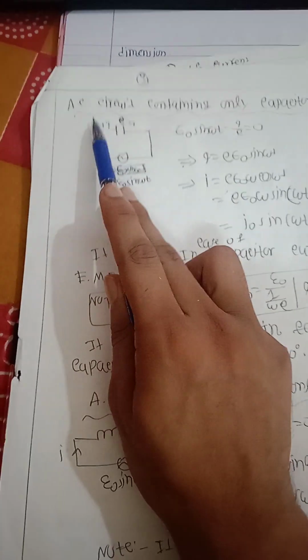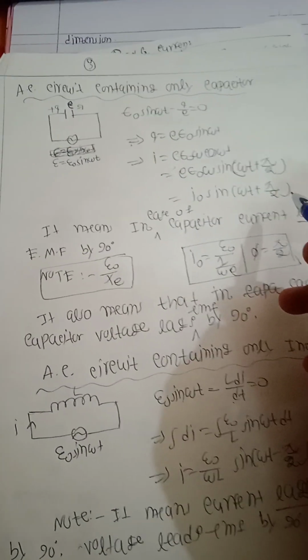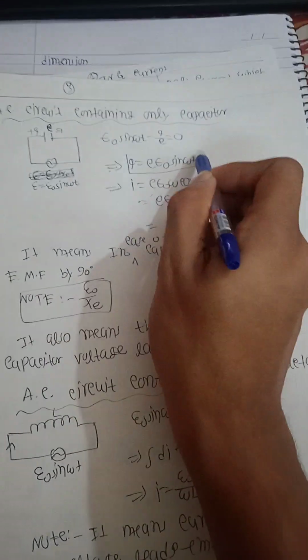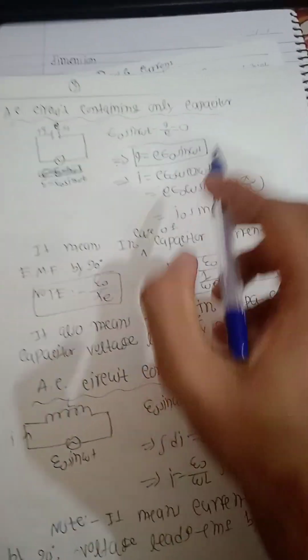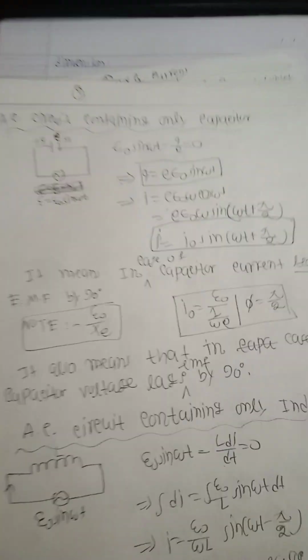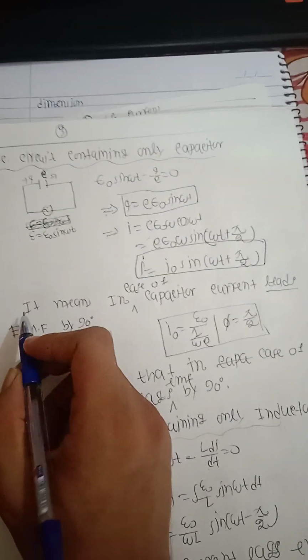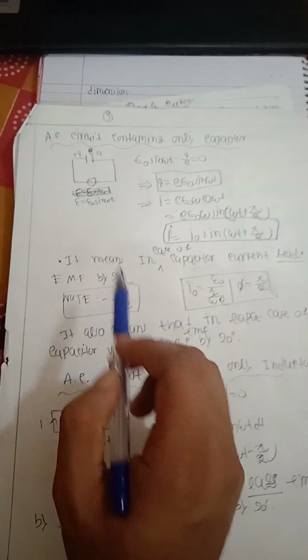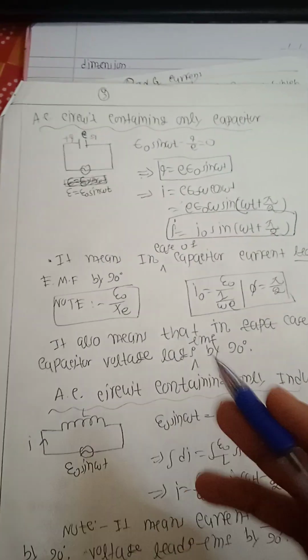Now for the AC circuit containing only a capacitor, what you need to remember is Q equals C epsilon naught sine omega t, and then I equals I naught sine of omega t plus pi by 2. Here there is something very important. A lot of times multiple choice questions have been asked on this in previous years; you can also check it.